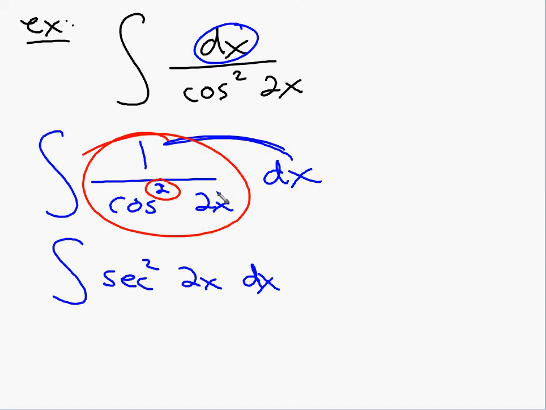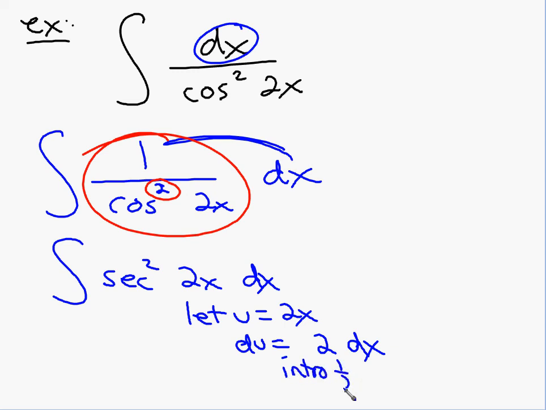Now, what I want you to see is that if I let u equal 2x, then du is 2 dx, all right, which means I would need to introduce a 1/2. I now have that this thing is equal to 1/2 the integral of secant squared u du.